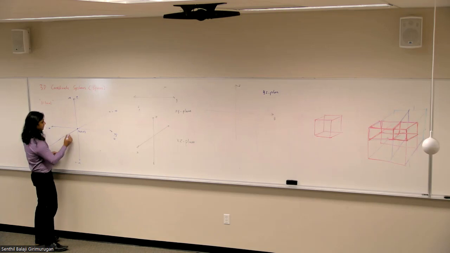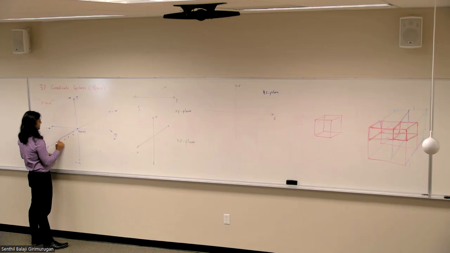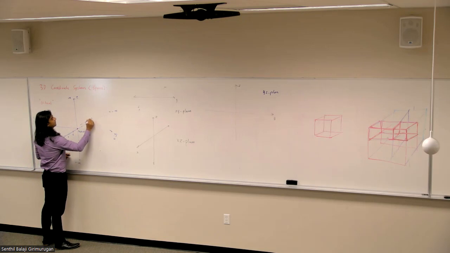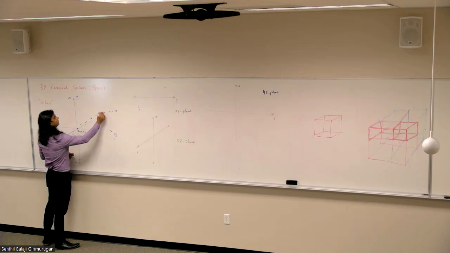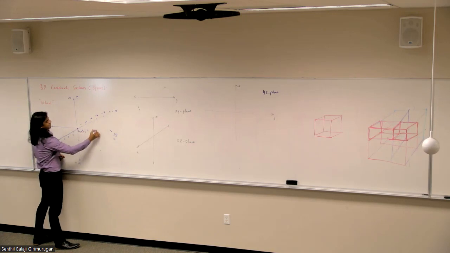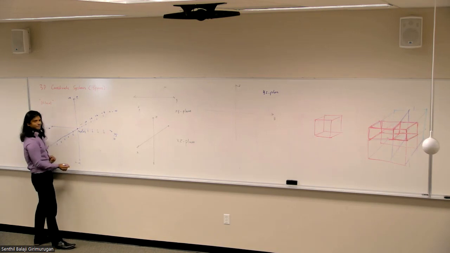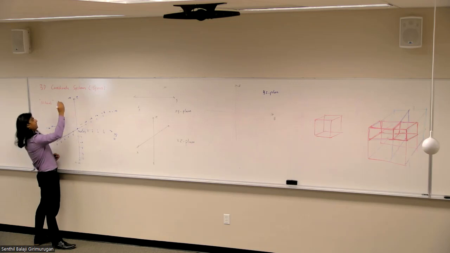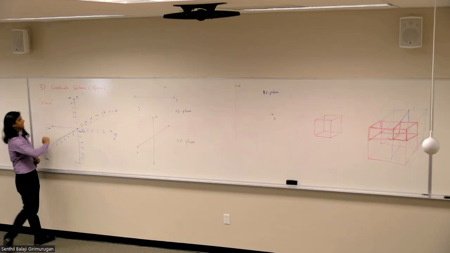Okay, now, let's say 1, 2, 3, 4, 5, and -1, -2, -3, -4, -5. 1, 2, 3, 4, 5, and -1, -2, -3, -4, -5. 1, 2, 3, 4, 5.